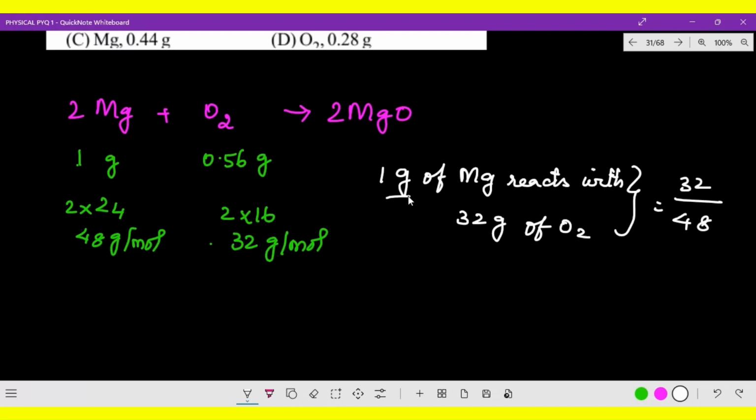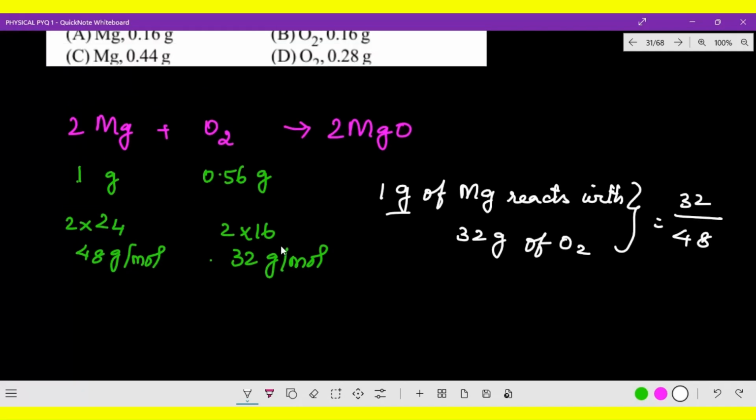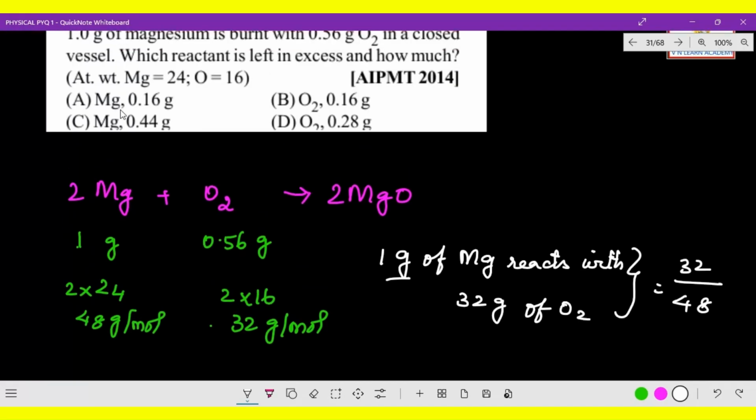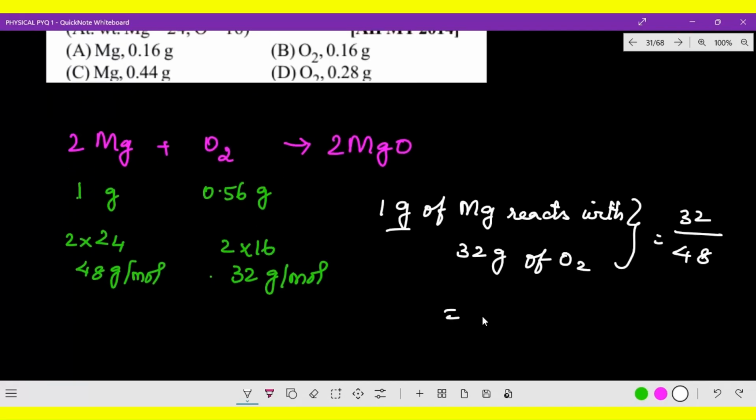Why did I mention 1 gram? If you calculate this, you will come to know how much oxygen 1 gram of magnesium requires. What answer do you get when calculating? 0.67 grams. So 1 gram of magnesium reacts with 0.67 gram of oxygen.